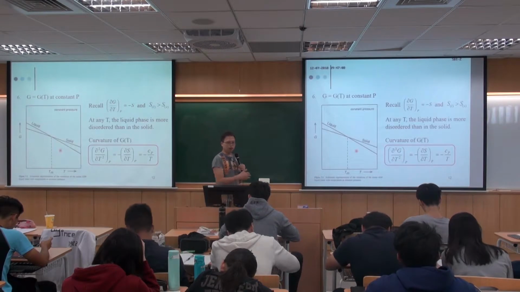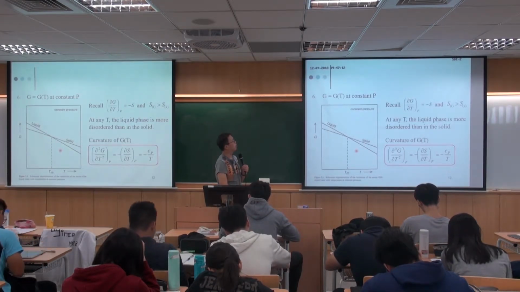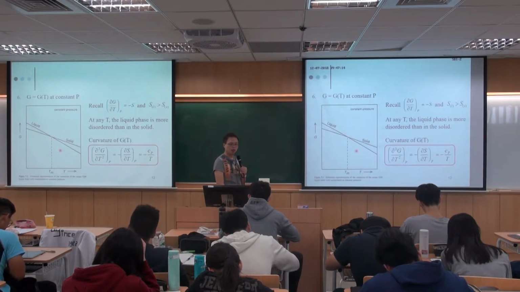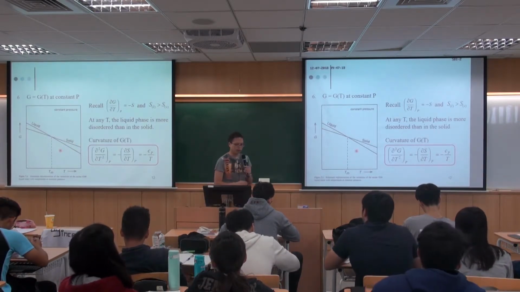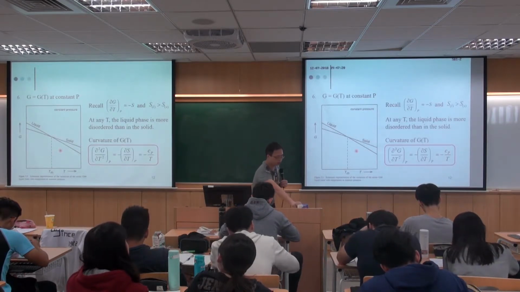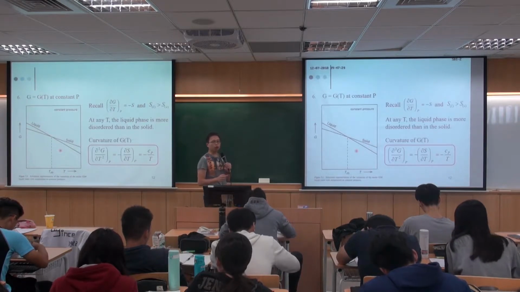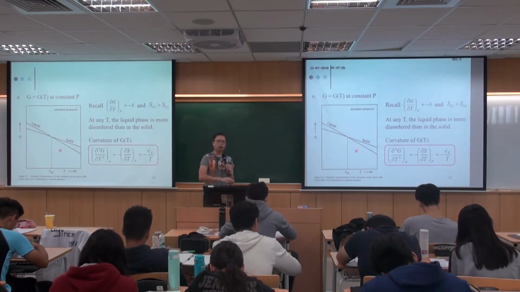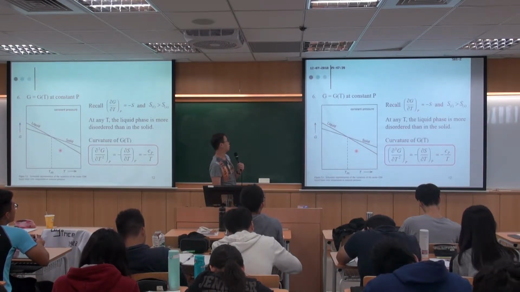Okay, but in this scenario, as the title of this section says, we're dealing with a constant pressure process. So right now, the Gibbs free energy is only a function of temperature. Okay, and now we're dealing with two different phases. We have the liquid phase, which is water, and we have the solid phase, which is ice.